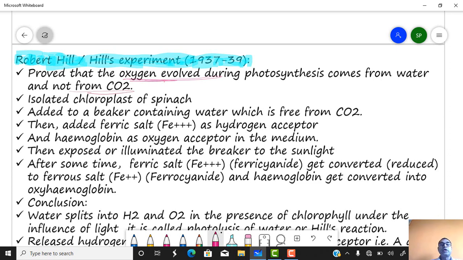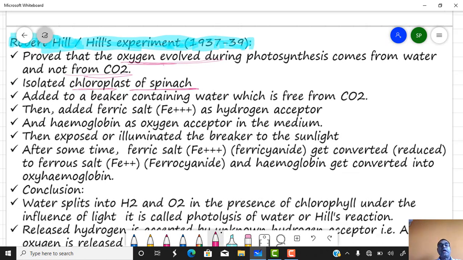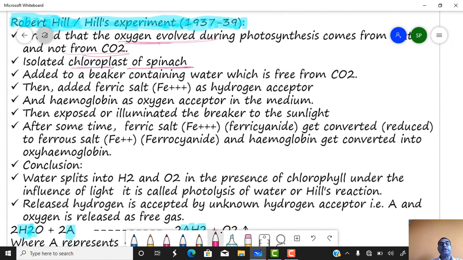What did he do? He first took spinach leaves and isolated the chloroplasts from these leaves. He added these isolated chloroplasts into a beaker containing water which is free from carbon dioxide.